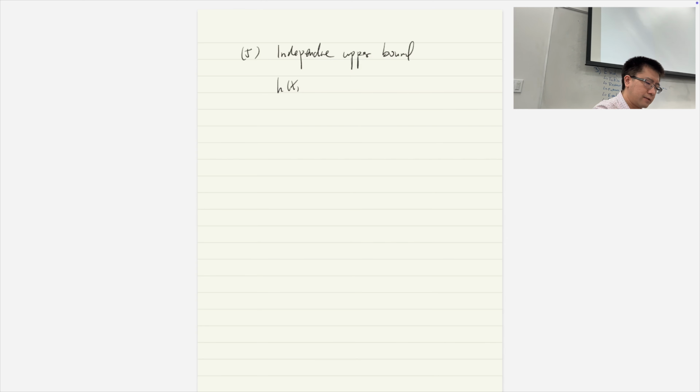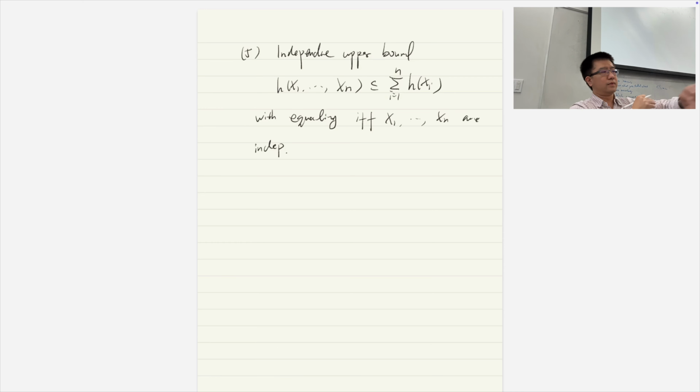For the independence upper bound, we have this will be less than or equal to the sum from i equals 1 to n of hxi, with equality if and only if x1 to xn are independent. So we have 5 now. So far, everything looks exactly the same as before, which basically means that all the tricks we studied before can apply here, so we don't waste too much.